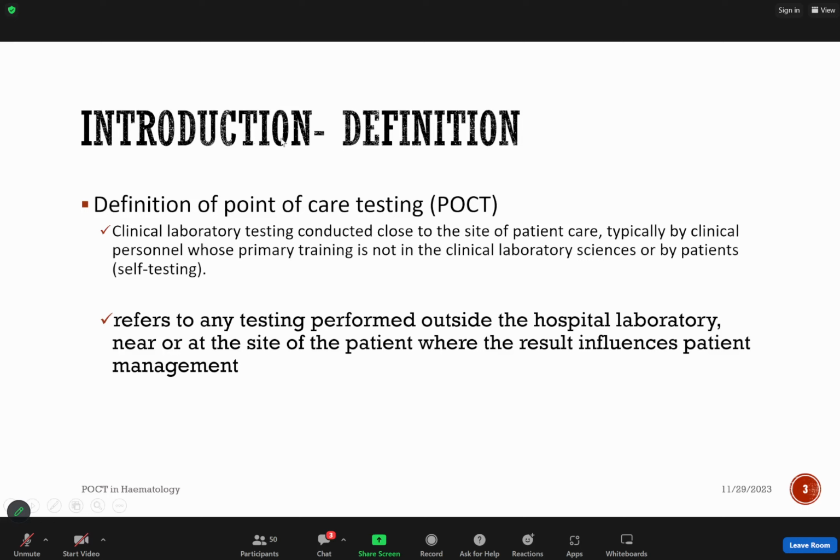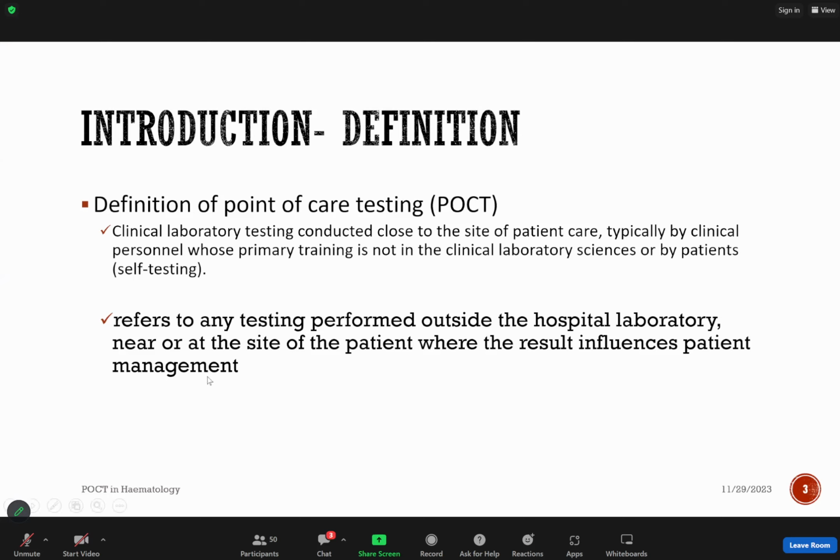As an introduction, we go by definition first. Definition of point of care testing: clinical laboratory testing conducted close to the site of patient care, typically by clinical personnel whose primary training is not in the laboratory sciences, or by patient self-testing. POCT can also be done by the patient himself at home.